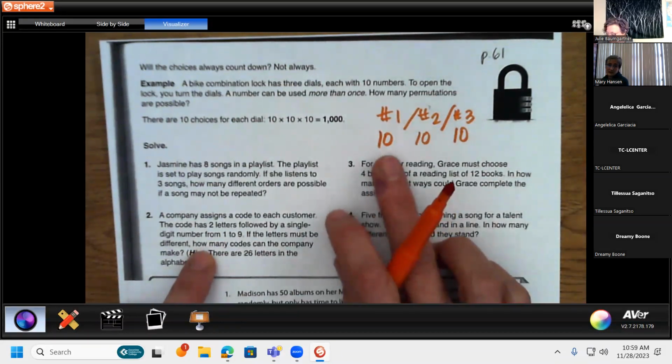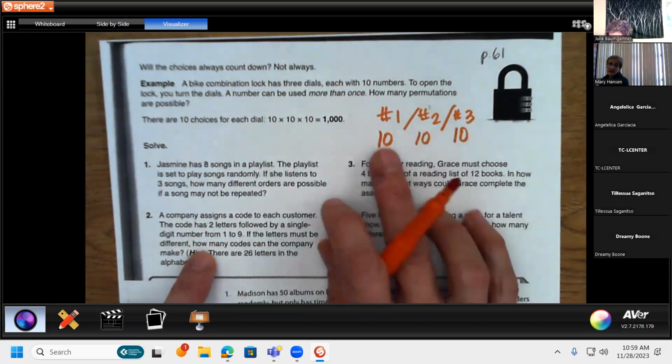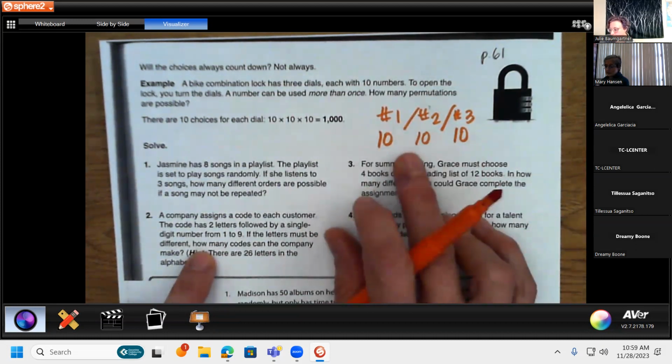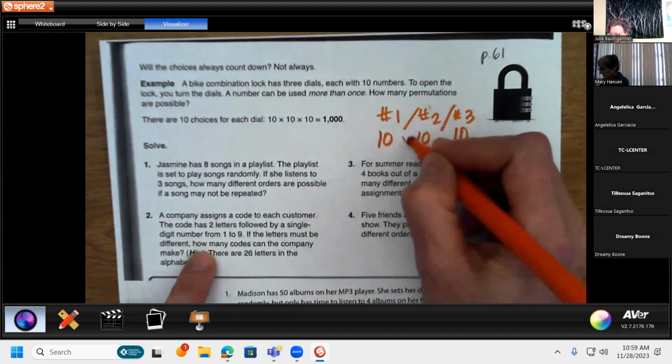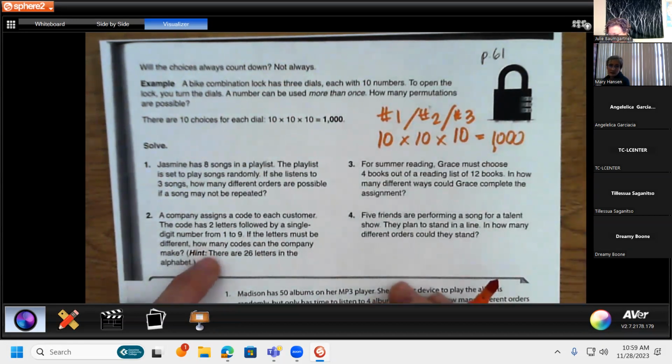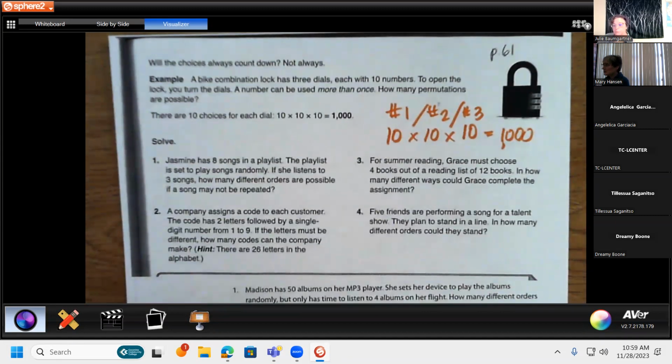So instead of 10, 9, 8, there's the same number of choices each time, and now I'm multiplying 10 times 10 times 10. And there are 1,000 different permutations of 3 numbers if you have 10 choices for each number.